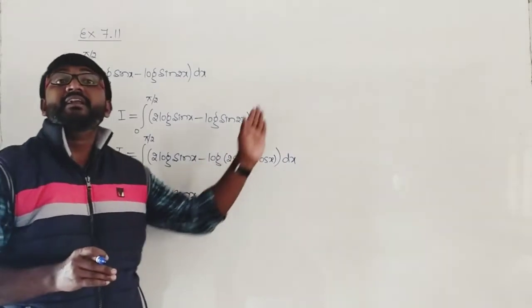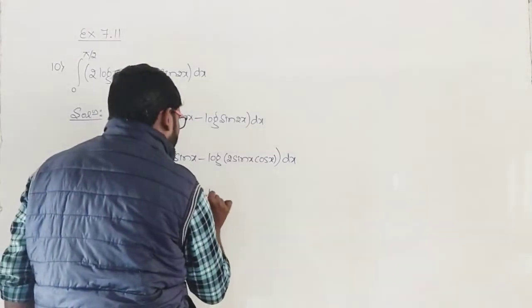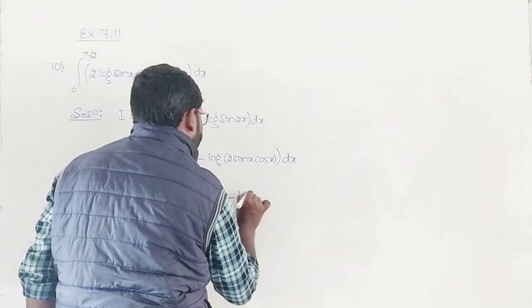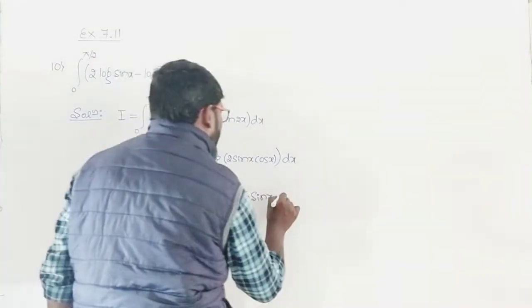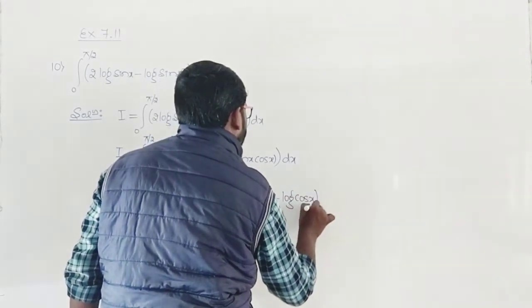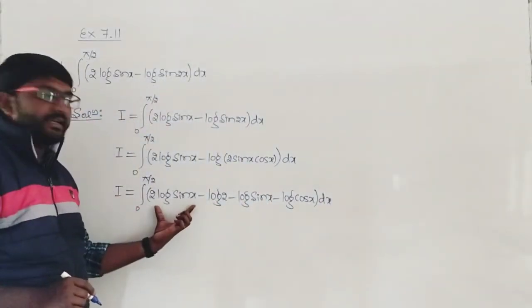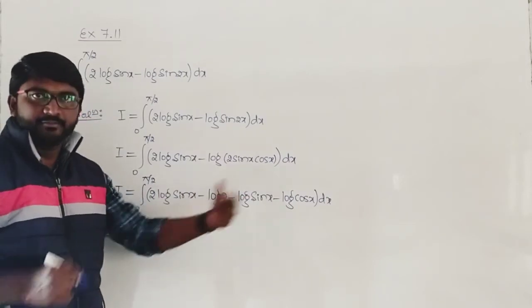The minus sign will be related to all the three terms. That is why it becomes minus log 2, then minus log sin x, then minus log cos x dx. So now here we have 2 log sin x and here it is log sin x. That means 2 minus 1 will be 1.